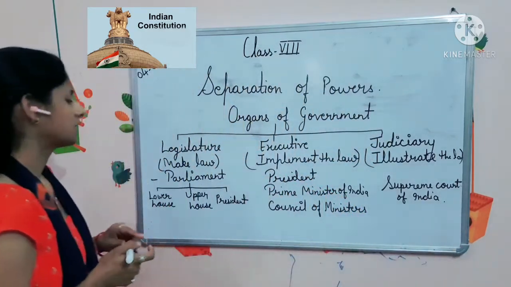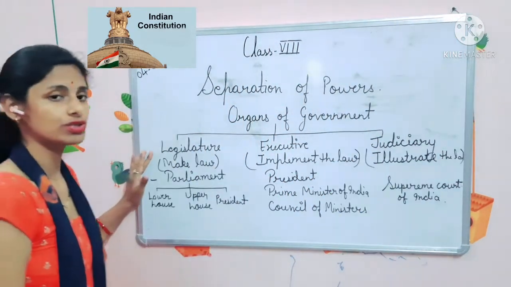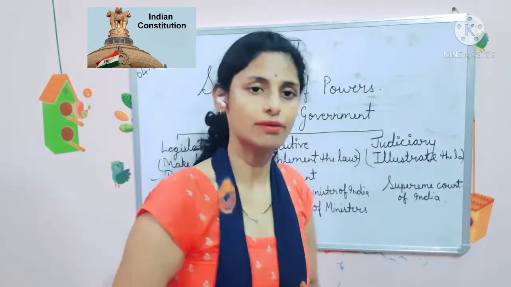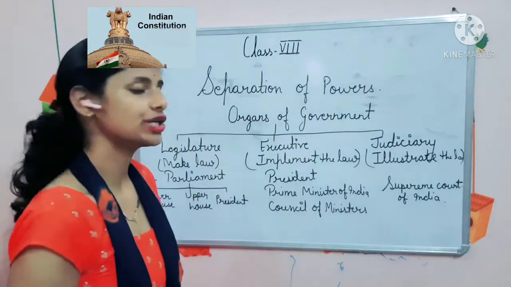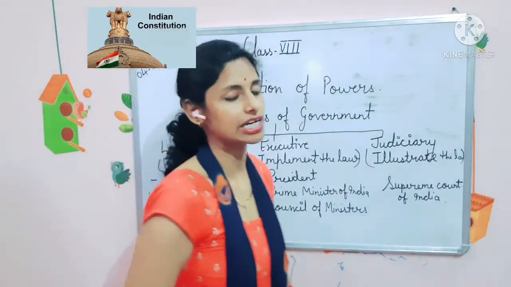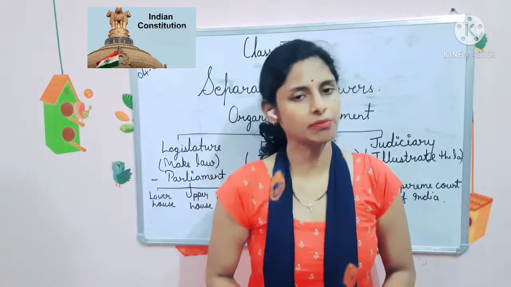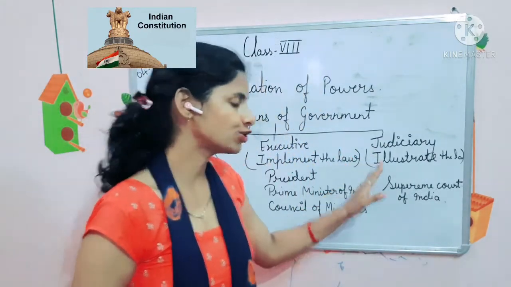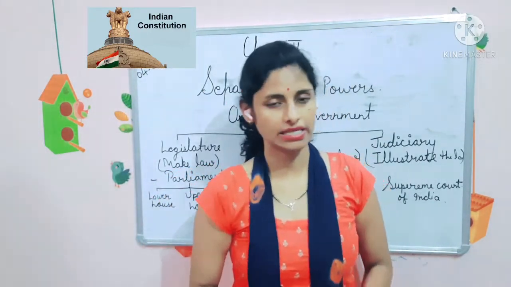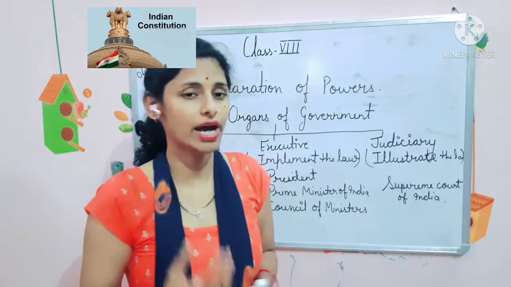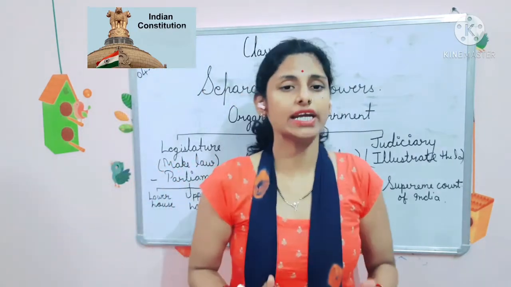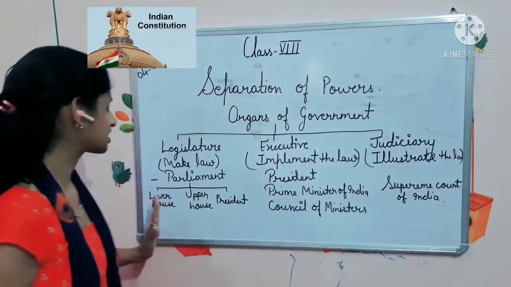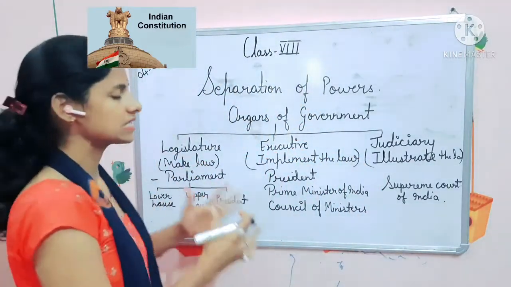Alright, the legislature refers to the elected representatives of India that make law, and the executive are the people responsible for implementing the law or running the government, and the judiciary has the right to illustrate and explain the laws that have been passed from these houses.